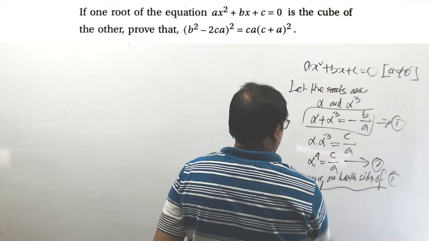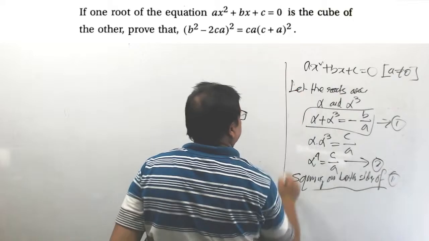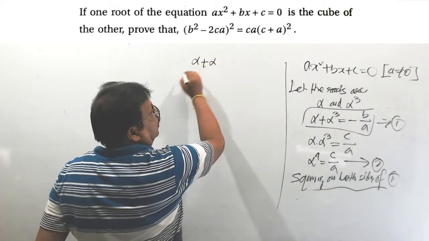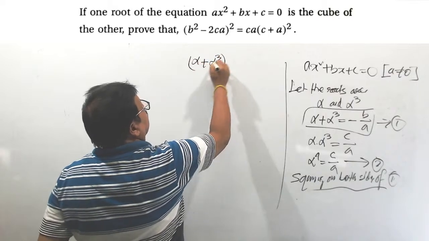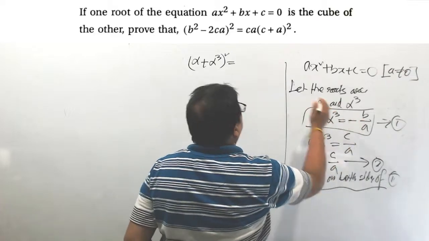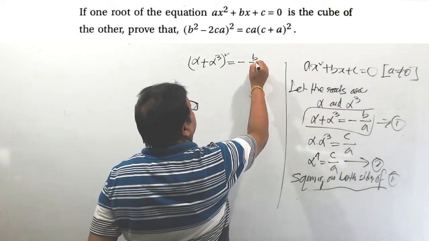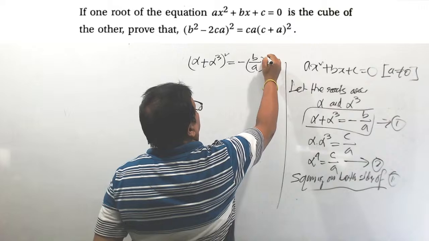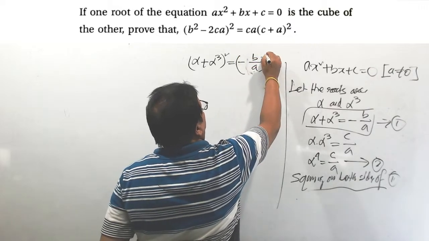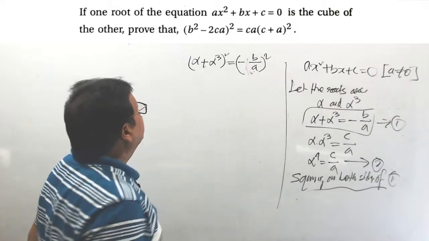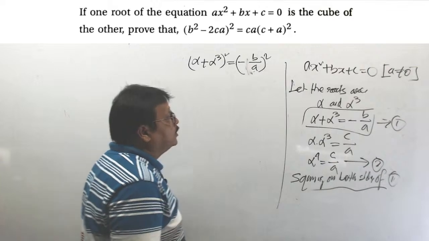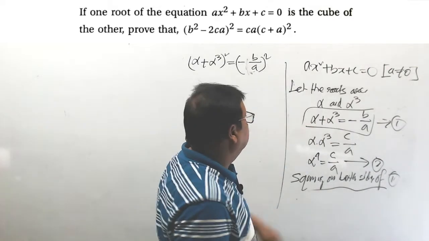That is, I'm writing here: alpha plus alpha cube whole square is equal to minus b by a whole square. Okay, the minus sign will come inside the whole square. Clear? Squaring on both sides of this one.